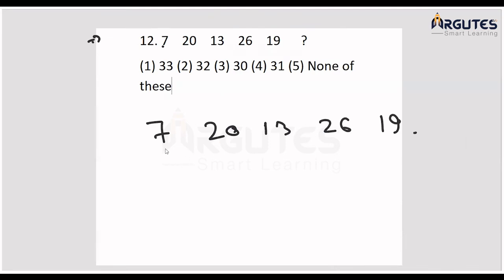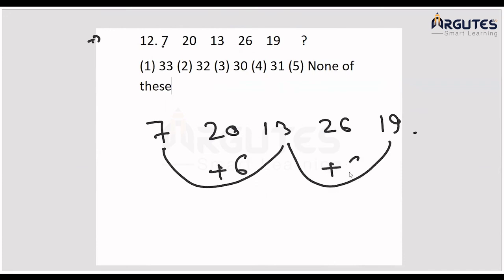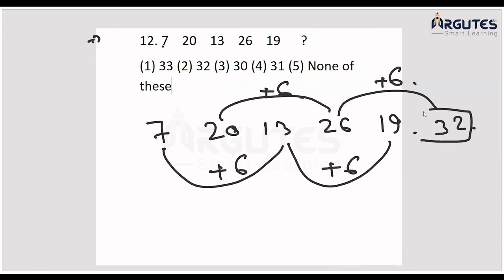So as we look at the alternate numbers 7 and 13, it's plus 6, then 13 and 19, it's plus 6, then 20 and 26, it's plus 6. The rule is confirmed that every alternate number is getting added by 6. Now 26 plus 6 will be 32. Now the answer will be option 2. So this is also a type of two type series.